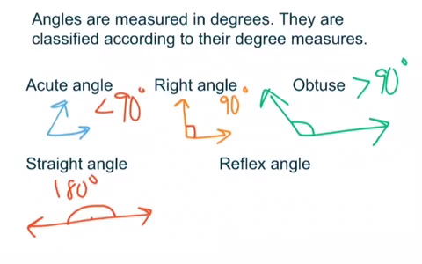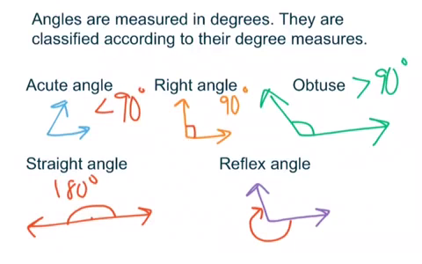A reflex angle is going to look like this. If this is my angle, the reflex is kind of like the backside of the angle. So it's this degree right here.